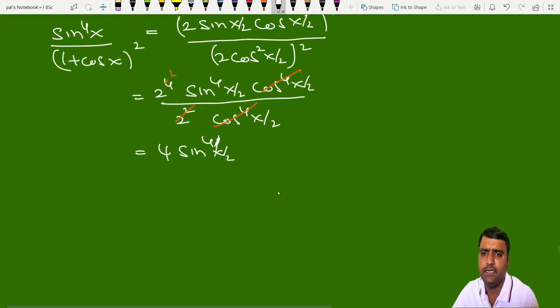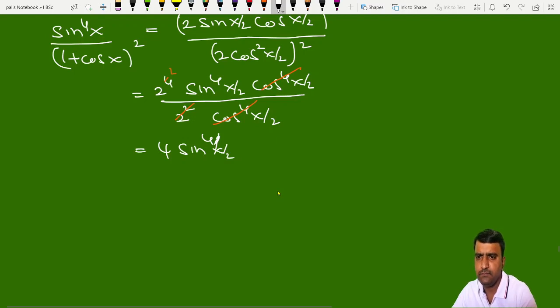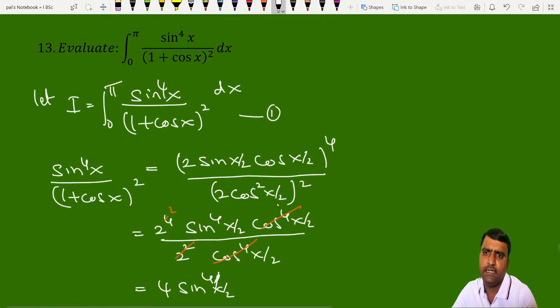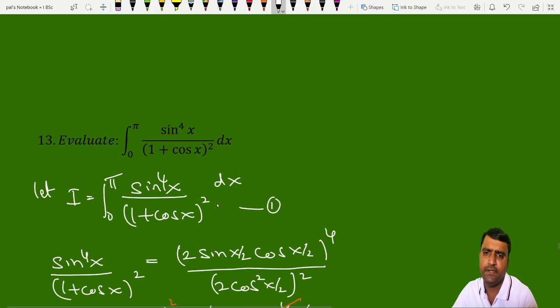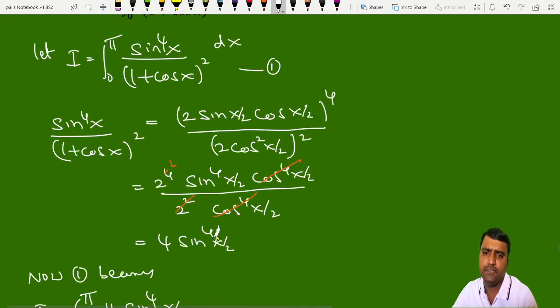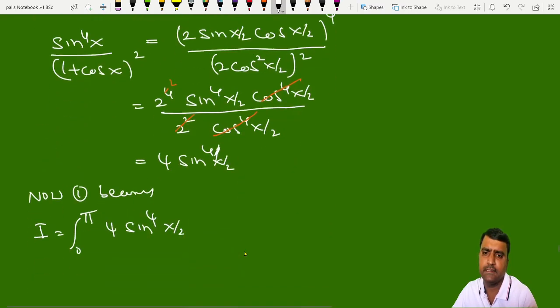Now expression 1 becomes I is equal to integration from 0 to pi, 4 into sine to the power 4 x by 2. Its simplified form is 4 into sine to the power 4 x by 2 into dx.